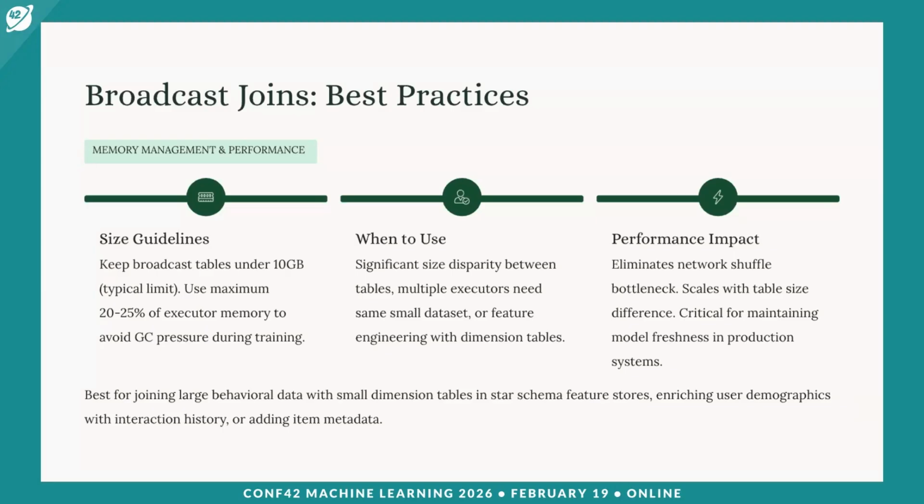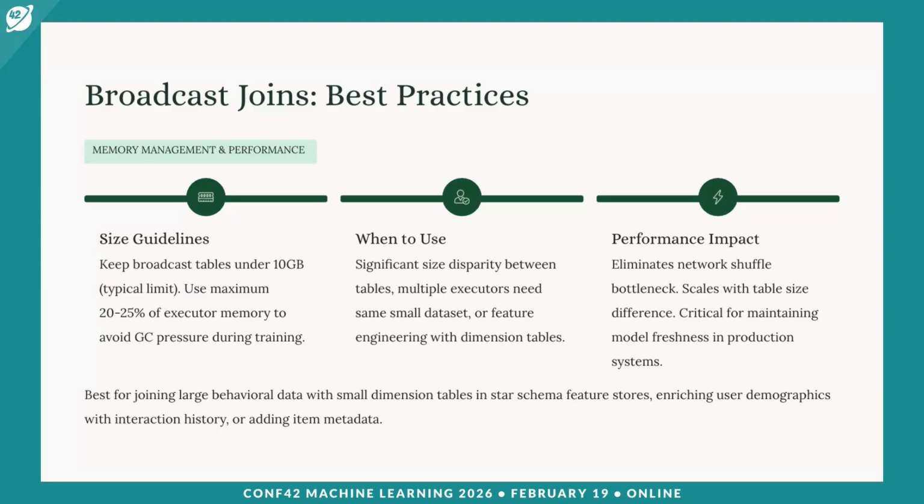That means when you're joining a 100 GB table with a 1 GB data set, that's when the broadcast will be very helpful and handy, and then we can send this small table into memory for a more efficient join. And on performance impact, as I mentioned, it eliminates a lot of network traffic and network shuffle, scales with the table size difference, and is critical for maintaining model freshness in production systems.